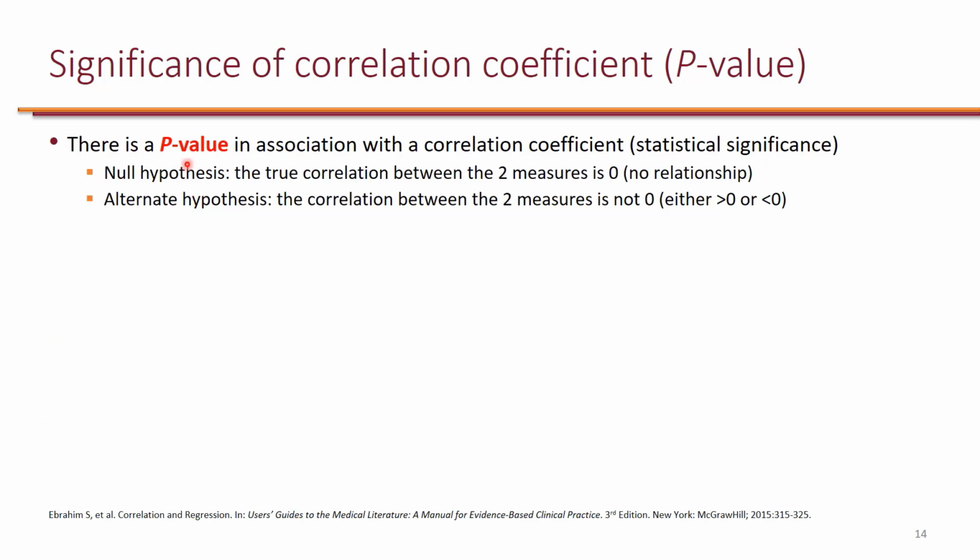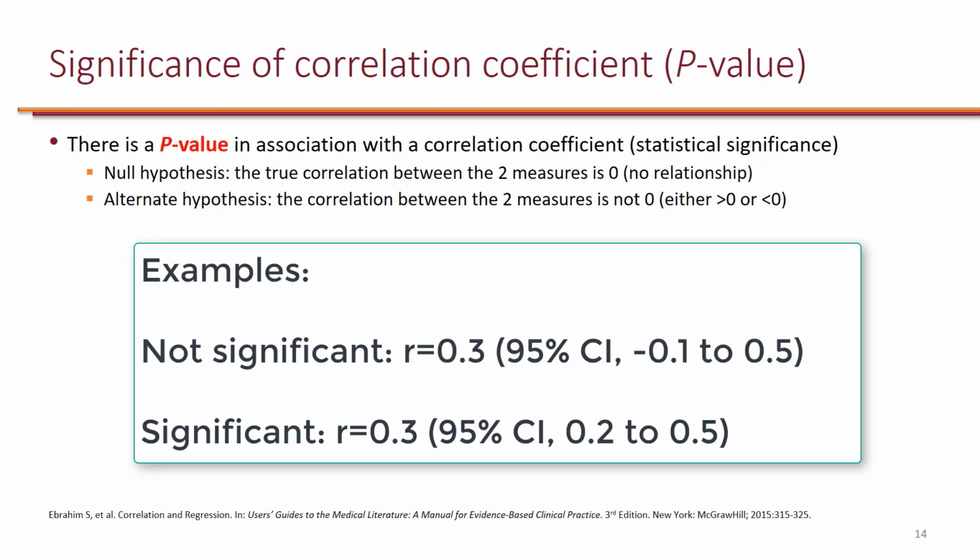So if the p-value is significant, we will reject the null hypothesis and then accept that there actually is a relationship. In other words, if the R happens to be 0.2, while we can say that there is a weak correlation, the question is: is that correlation a true weak correlation, or is it due to chance? And that's why we need the p-value to know if that correlation is due to chance or is statistically significant.